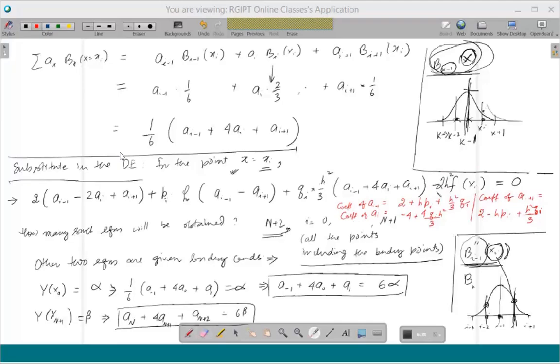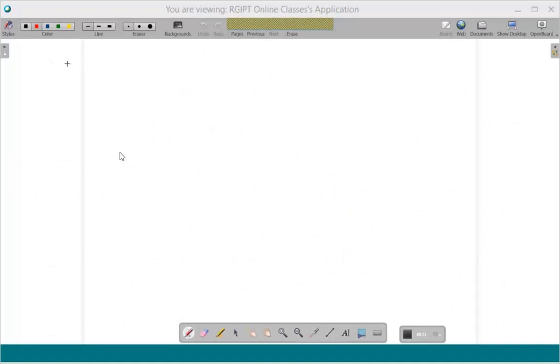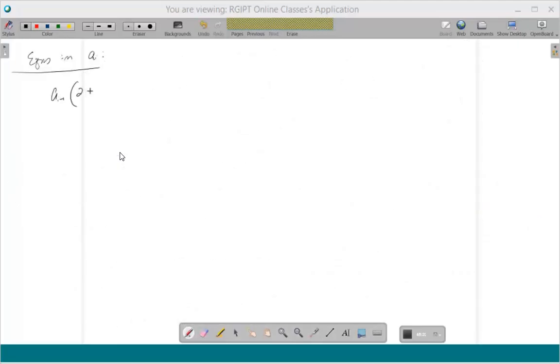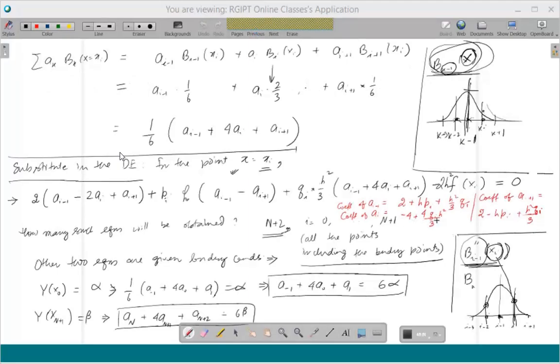So the equations in ai are: a_{i-1} multiplied with 2 plus h p_i plus h square q_i by 3, plus a_i times minus 4 plus 4 q_i h square by 3, plus a_{i+1} times 2 minus h p_i plus h square q_i by 3, equals minus 2h square f_i.